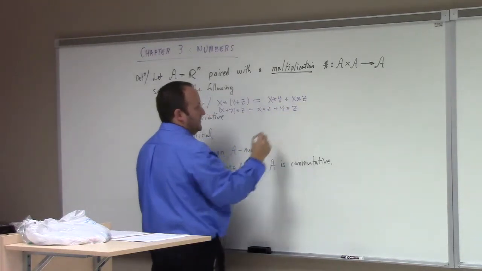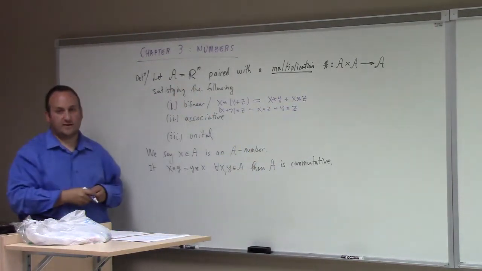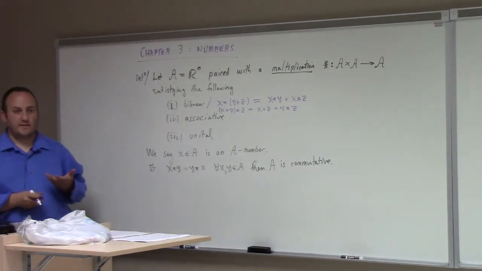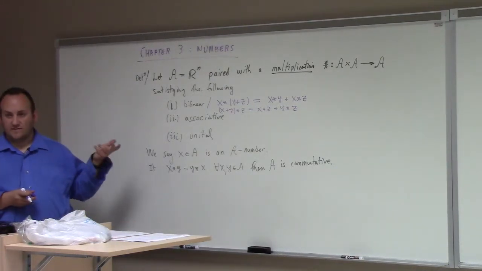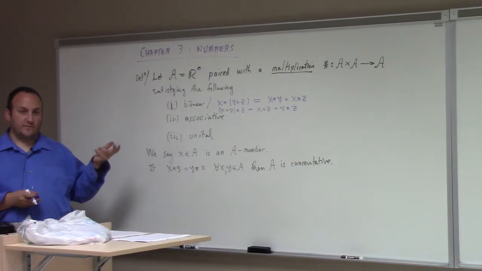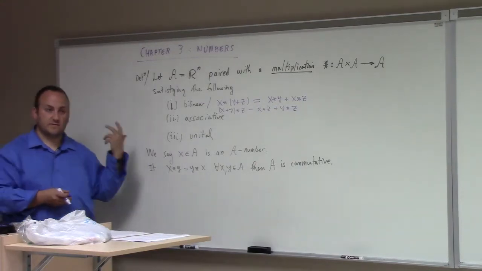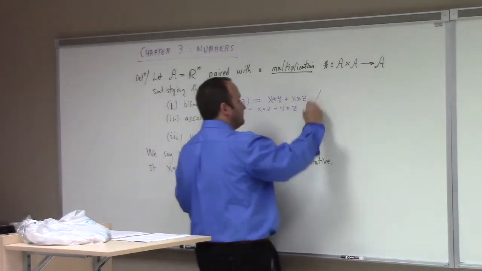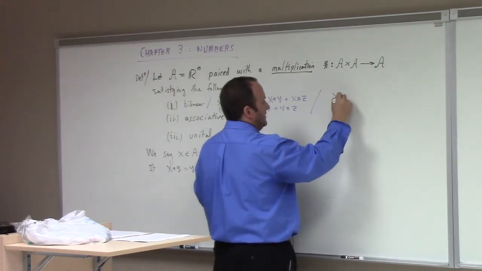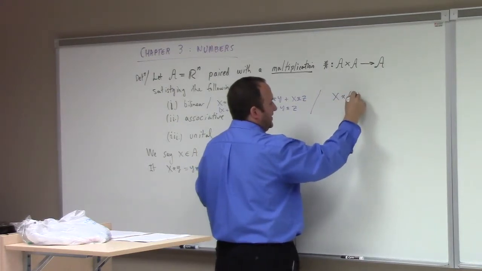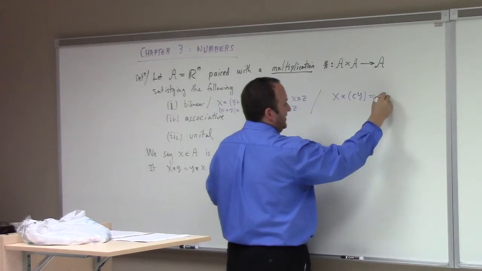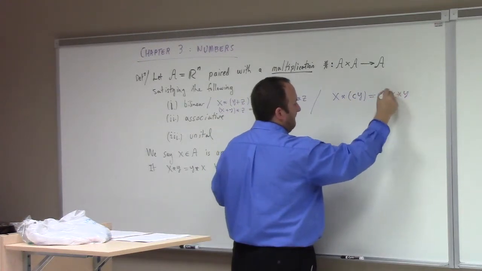So these two things I just wrote down are additivity, but when I say bilinearity, I mean additivity in both senses. And another thing, I also want to be able to pull out real scalars. So we need x times (c times y) equal to c times xy.